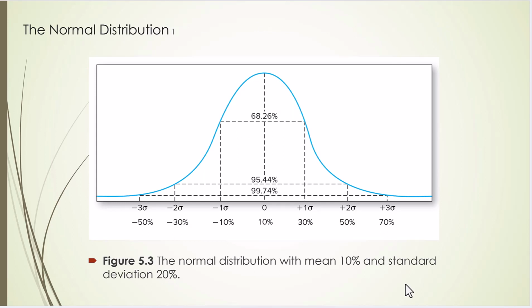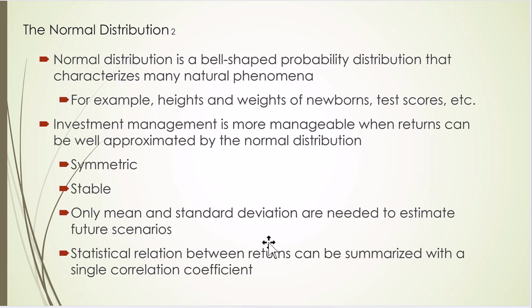The assumption in investments is that the data that we measure is normally distributed. We have a normal bell curve. Obviously, dead center in the middle is the expectation, or the mean, I'm sorry. So this normal distribution is bell-shaped. Again, investment management is more manageable when returns can be well approximated by the normal distribution.